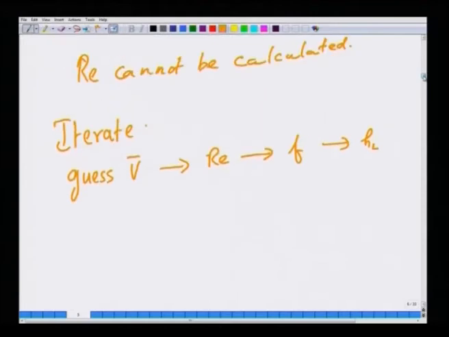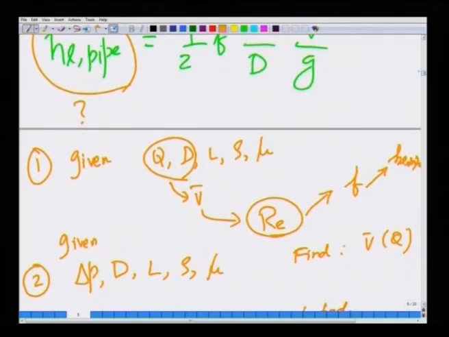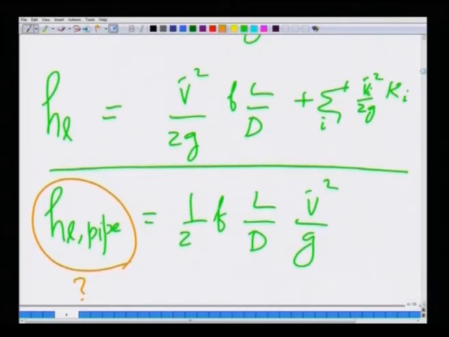Now, if you look at the head loss expression, the definition of head loss is nothing but delta P by rho g. So, given delta P, we can calculate the head loss.